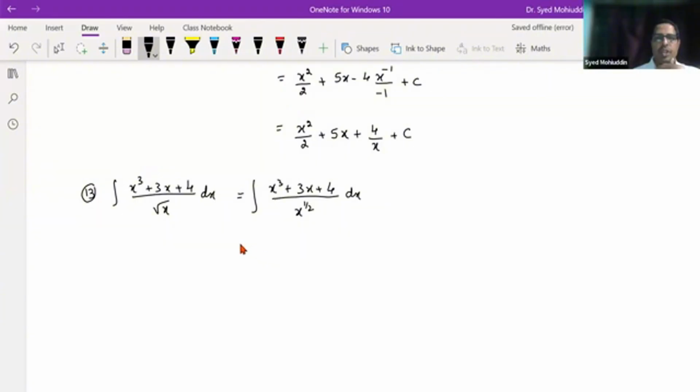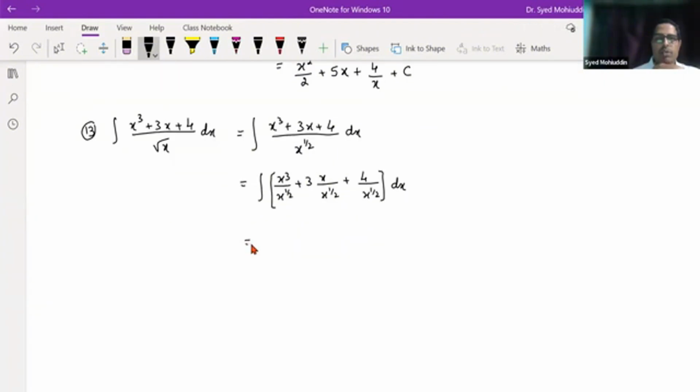Once again, you have to split it and write it in the form of x cube by x power of half, plus 3x by x power of half, plus 4 by x power of half, times dx.